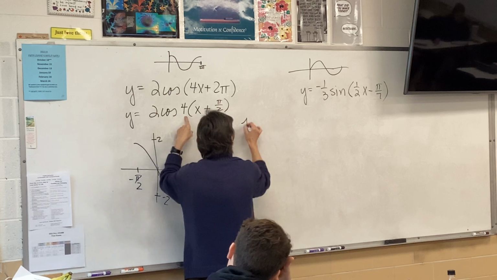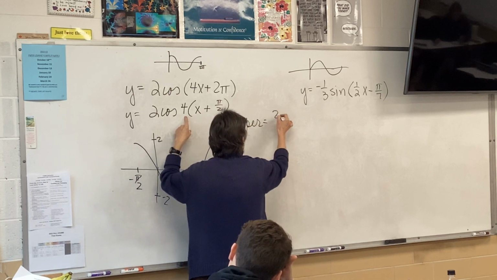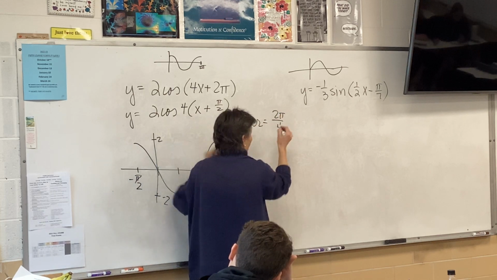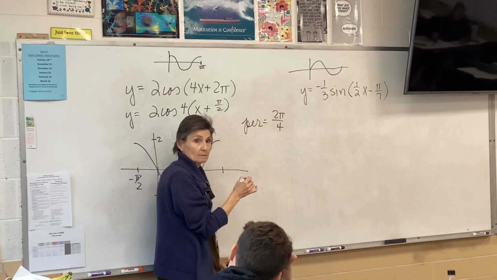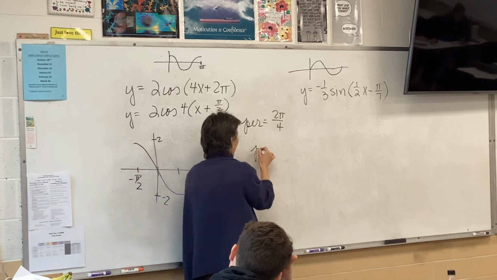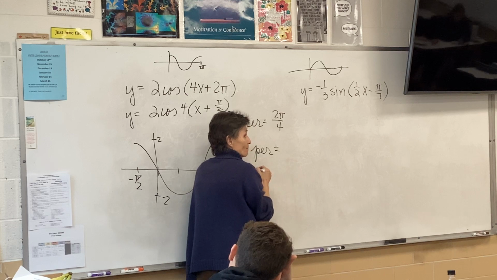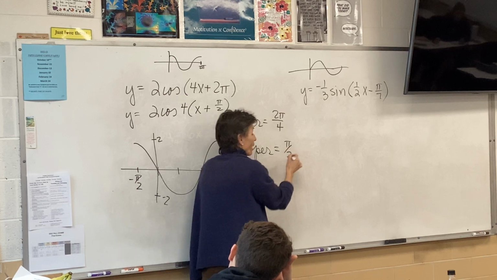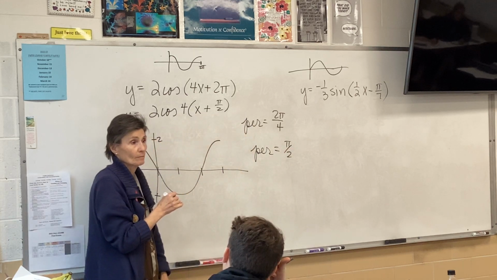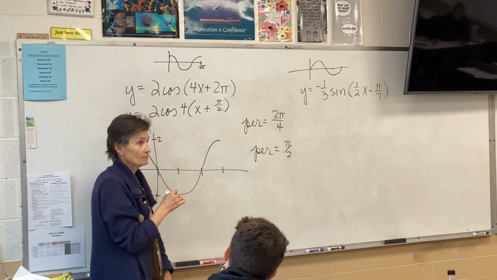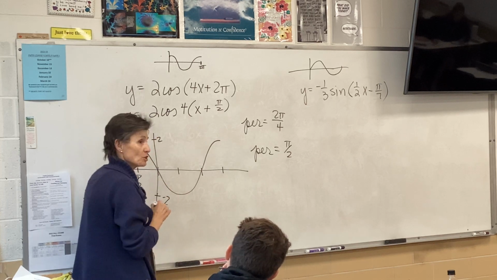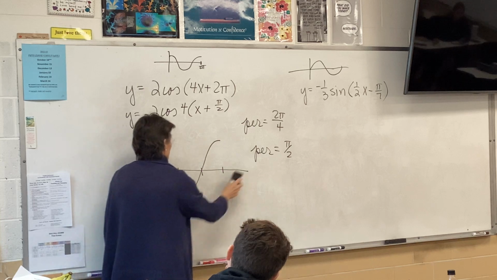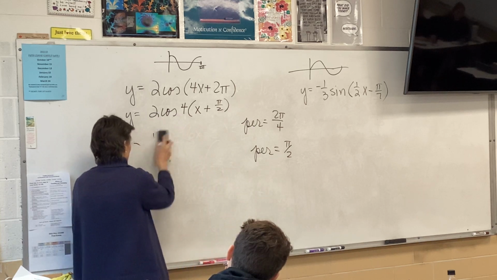So now the period is 2 pi divided by 4. So the entire picture happens in pi over 2. Would you agree with that? Well, when I said I was going to have to change my picture, I'm going to have to change my picture.